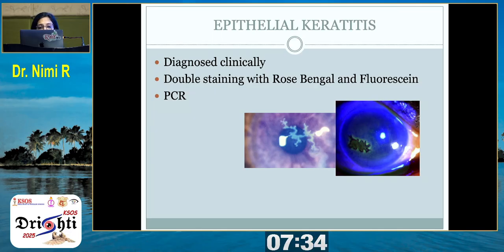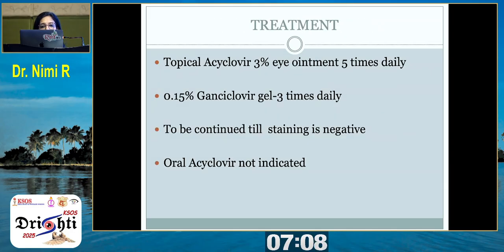The characteristic linear dendritic pattern is there, and we can do staining with rose bengal and fluorescein dye, that is, double staining. Rose bengal will take up the margins of the ulcer, and fluorescein will stain the base of the ulcer. In very rare, atypical cases, you can do a corneal scraping.